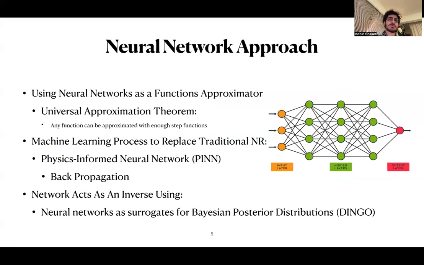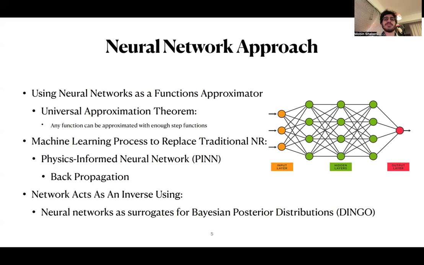Basically, to overcome these computational challenges, we turn to neural networks, which have strong function approximation capabilities. The universal approximation theorem tells us that any function can be approximated by enough step functions.